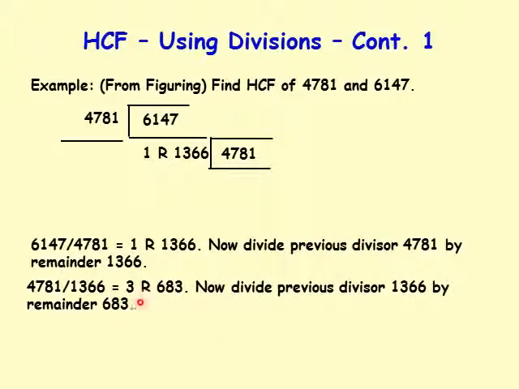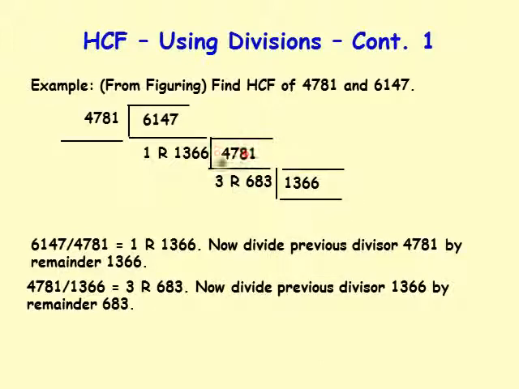Let's look at the setup for the next step. We have 3 remainder 683. This remainder from dividing 4781 by 1366 is the divisor for the next step, and the previous divisor becomes the dividend in this next division.